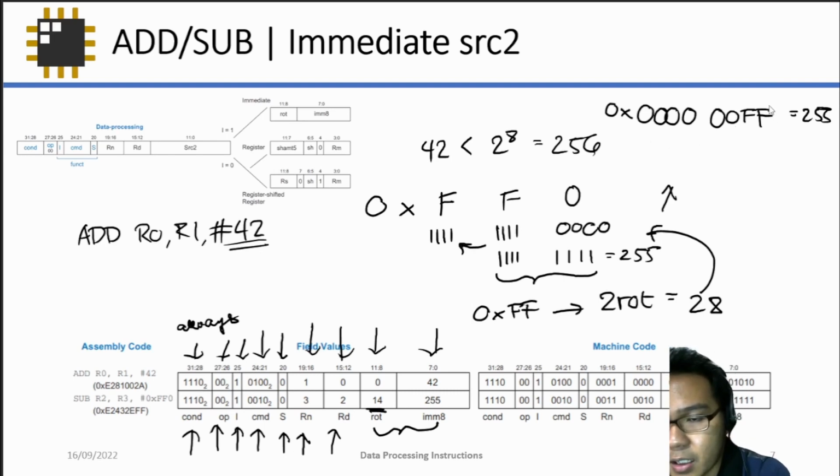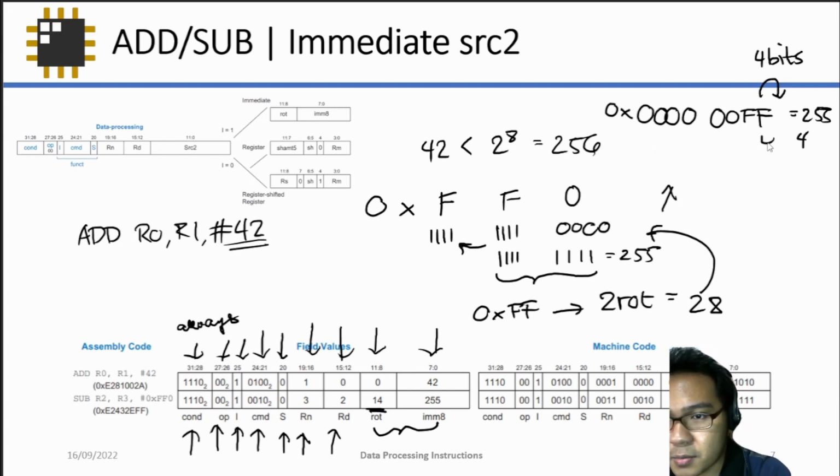If we shift by 1 hex character, that's 4 bits. So let's rotate once. That's FF. Let's just draw arrows.